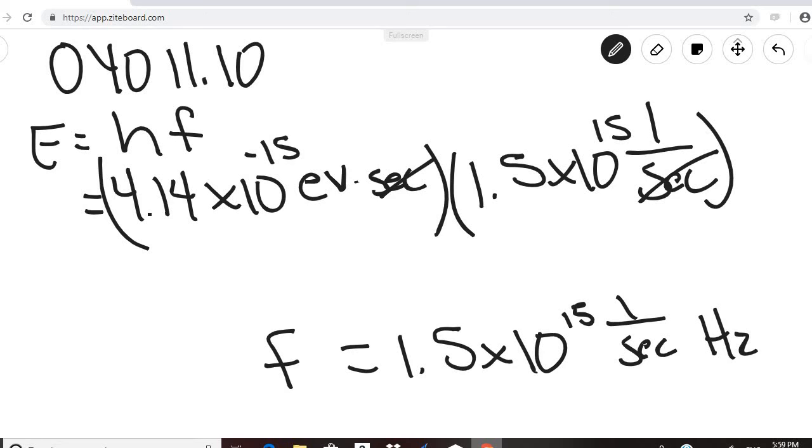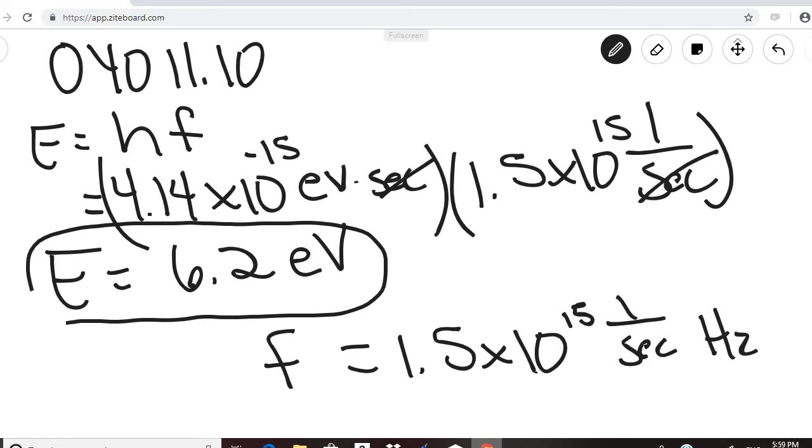So the seconds are going to cancel, and we will get that E is equal to 6.2, with two significant figures, 6.2 electron volts. So the energy of this would be the amount of energy that the photons have when they hit the metal. So that's the work function of that metal that we were given. We're not told what the metal is, but we're given its frequency, and therefore we can determine its work function.